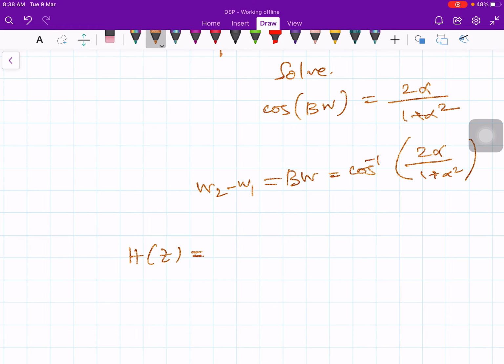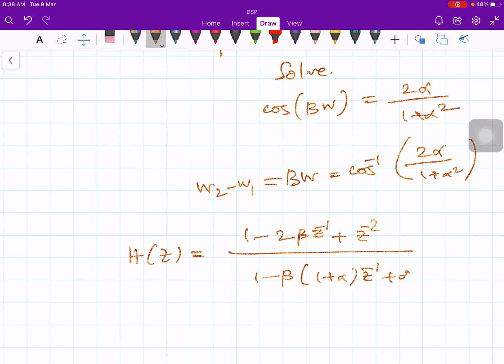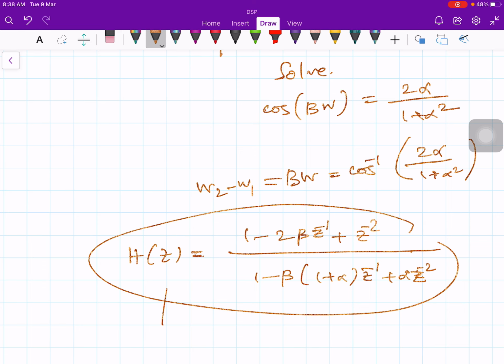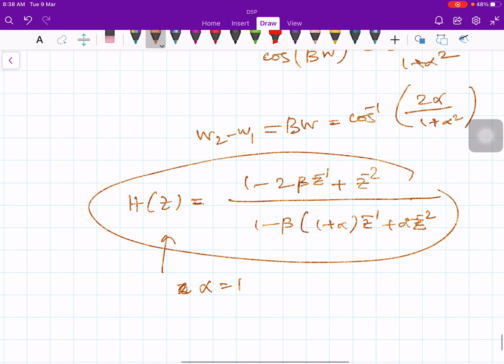H(z) is 1 minus 2β z inverse plus z to the minus 2, divided by 1 minus β times (1 plus α) z to the minus 1 plus α times z to the minus 2. So in this transfer function, if you take α equal to 1, what will you get?